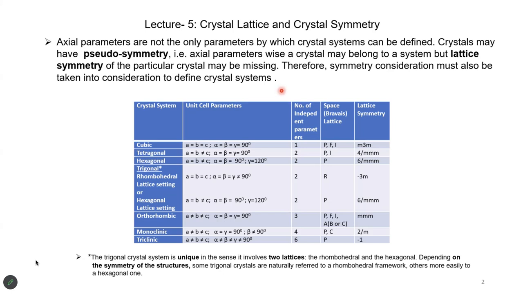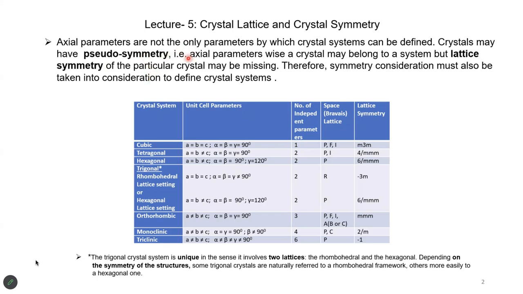We were talking about how not only the cell parameters define the 7 crystal systems, we have to take lattice symmetry also. With lattice symmetry, cell parameters, as well as the space lattice, that is the Bravais lattice, we define completely the crystal systems. I said something about pseudosymmetry.